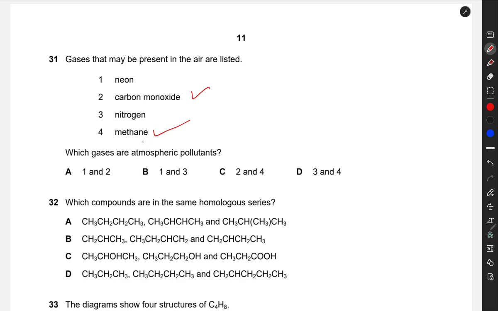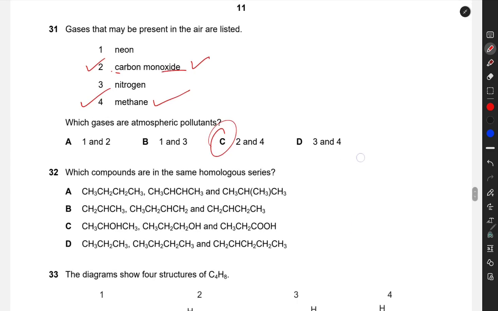Death and decay of vegetation produces methane gas, which causes global warming, and carbon monoxide reacts with blood hemoglobin to form carboxyhemoglobin, which prevents oxygen from being carried, so it is a toxic gas. So 2 and 4 are correct. C option is the correct option.